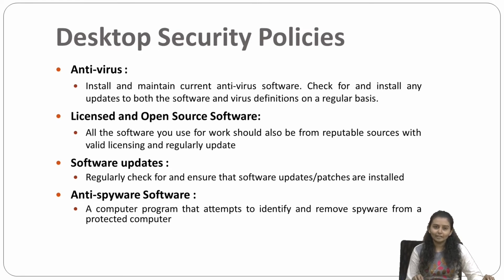Now, moving to our next point, this is license and open source software. All the software we use for work should also be from reputable sources with valid licensing and regulatory update. Or we can use open source software also, because open source software are developed in a decentralized and collaborative way and rely on peer review and community production. Open source licenses are licenses that comply with open source definition.